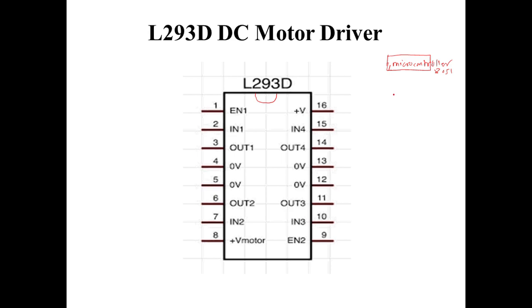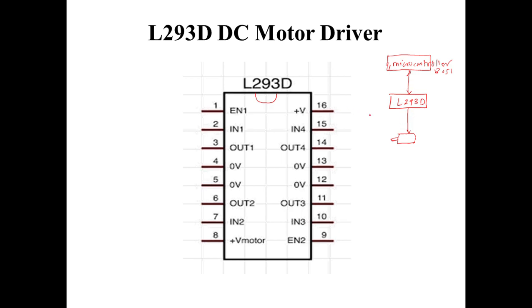Then I'll have this L293D, and then I'll have the DC motor over here. So this particular DC motor will be connected to the microcontroller through the L293D. Fine. So this is how the schematic will be basically.